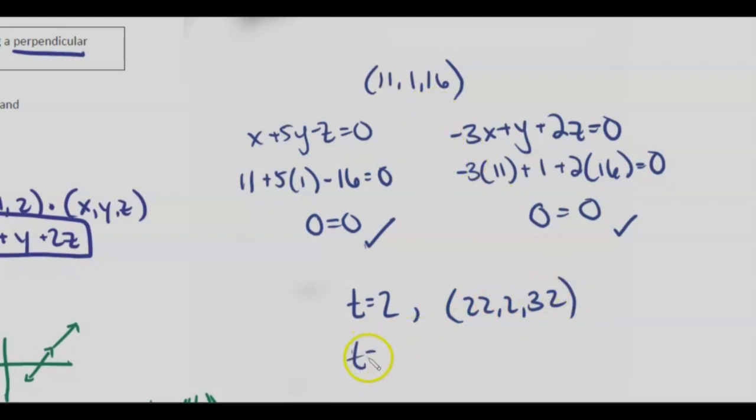Or the parameter 3, we're going to get something else. No matter what, when you sub these in to both of these equations, you're going to yield the answer 0. It's going to be perpendicular because this one and this vector are just multiples of each other.